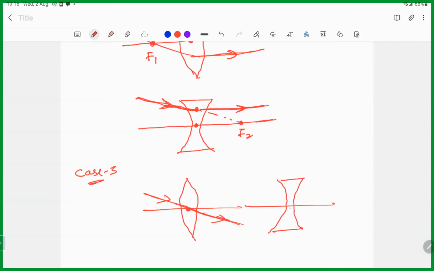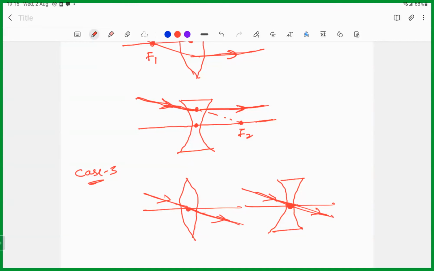So what will happen here? Again it will pass. Okay. So using these three cases, we can draw the ray diagrams for the image formation of the lenses.